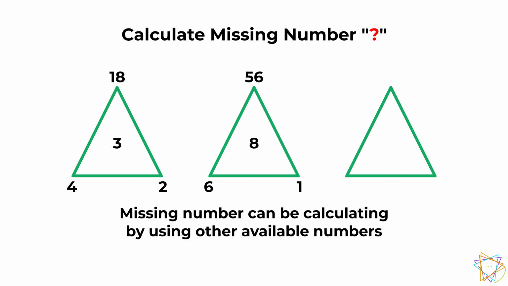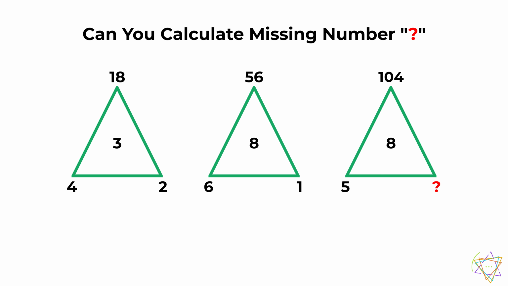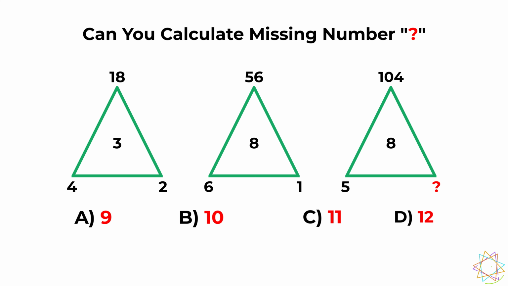The third triangle has number 104 on the top, number 8 in the middle, number 5 in the bottom left corner and one missing number in the bottom right corner. You need to calculate the missing number. You have 4 different choices. Choice A, 9, choice B, 10, choice C, 11, and choice D, 12.